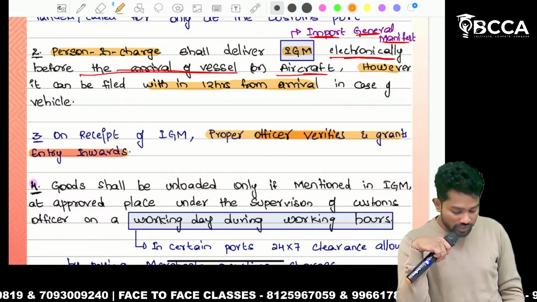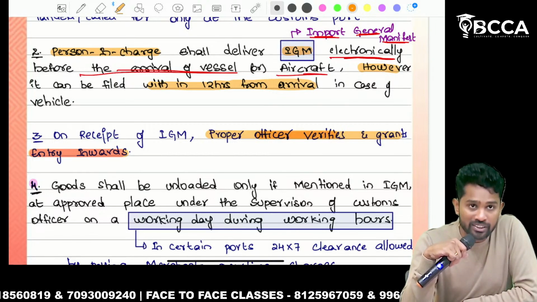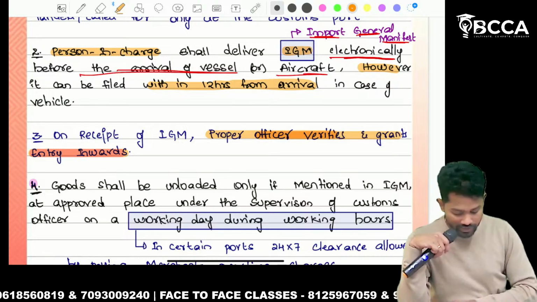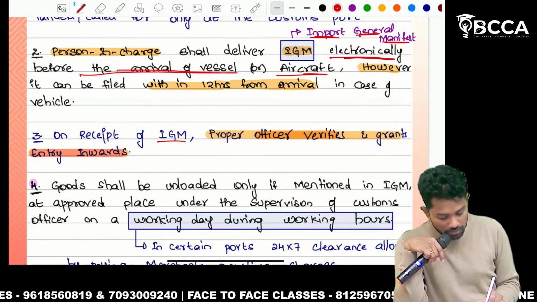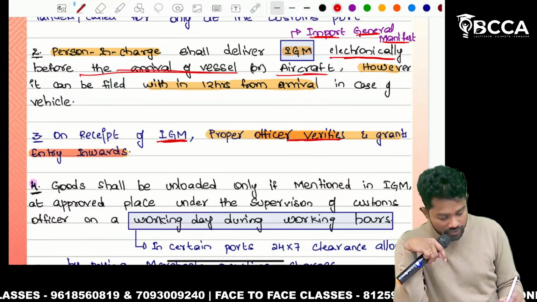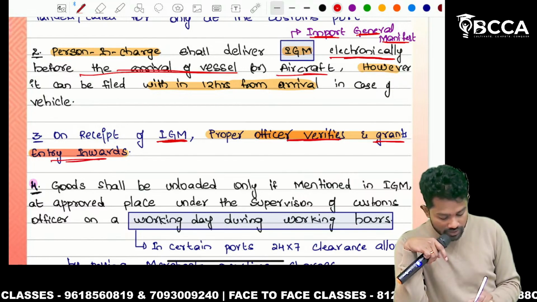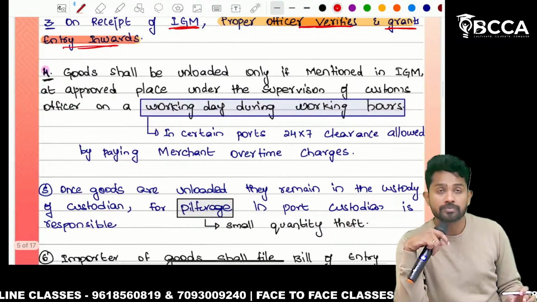On receipt of the Import General Manifest, the proper officer verifies and grants entry inwards. Grant what? Entry inwards.